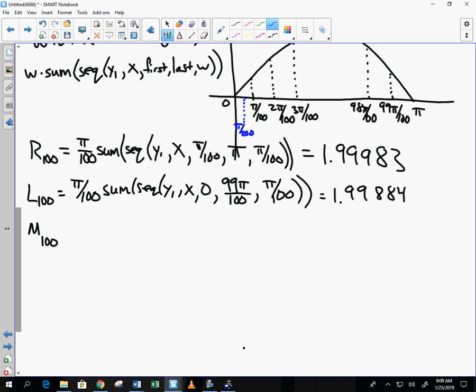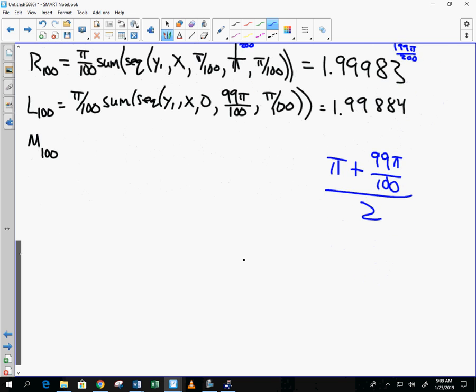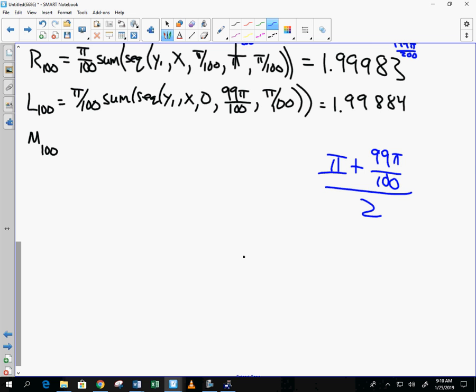What would be my last spot? 199 pi over 200. If you're ever wondering, folks, just add them and divide by 2. So pi plus 99 pi over 100, divided by 2. That's what the true midpoint formula is. We find common denominators by multiplying top and bottom by 100. Is everybody convinced you're going to get 199 pi over 200? We all good?